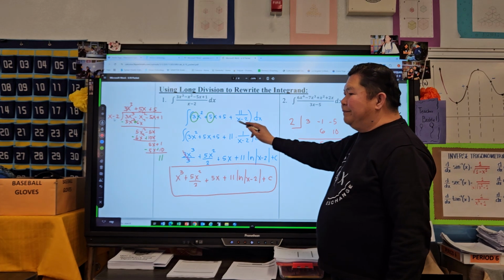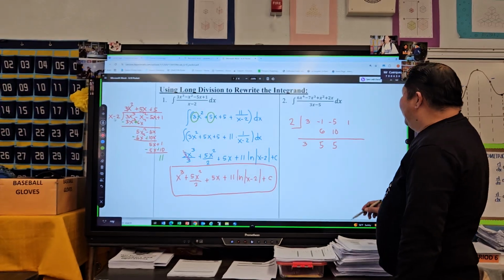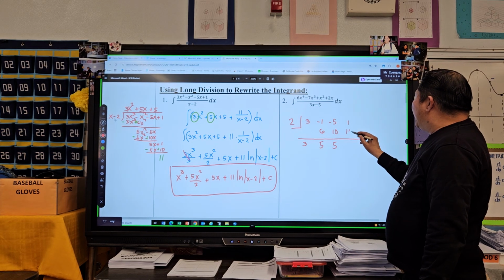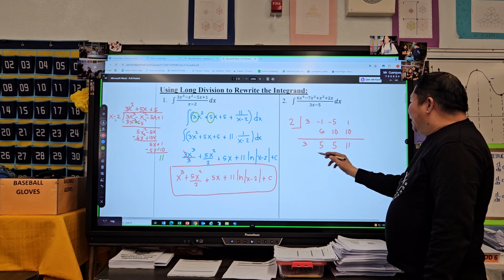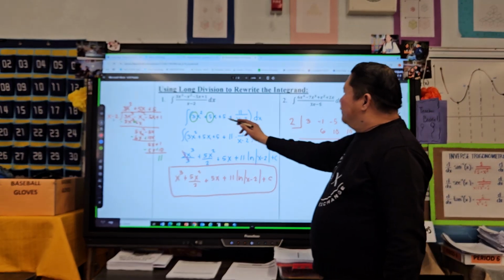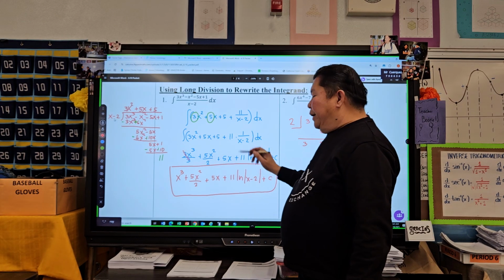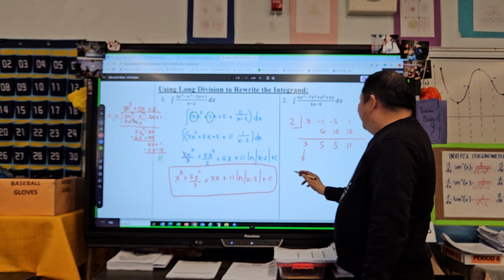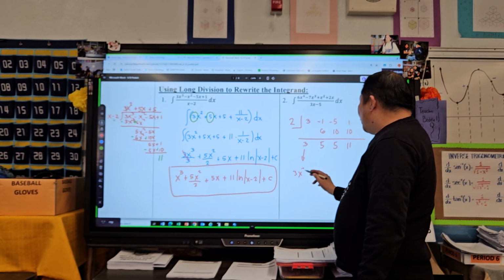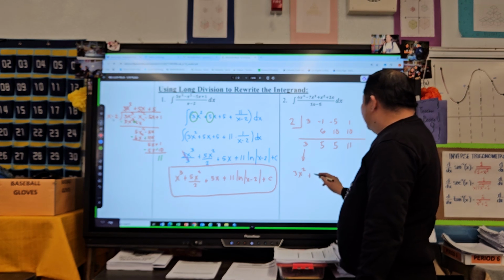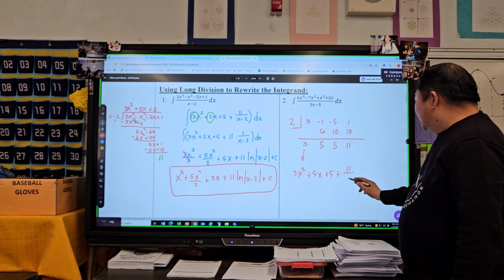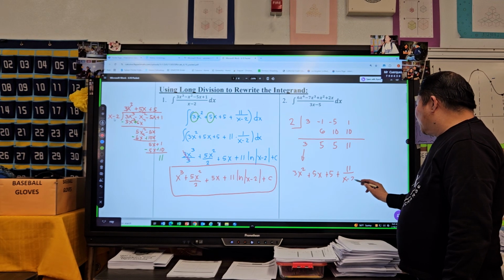And then multiply 2 times 5, which is 10 also. Add this, 11. This implies that if this is the power of 3, our quotient should be 3x squared plus 5x plus 5, plus 11, the remainder, over x minus 2.